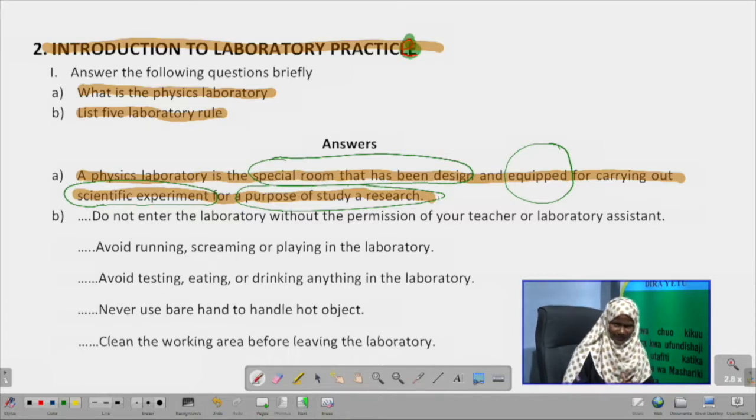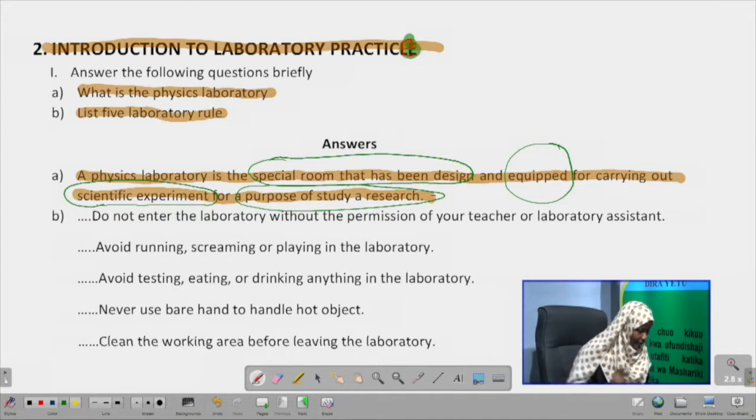So we can see here that in a physics laboratory, we do these experiments so as to study certain phenomena or research. We have to research about something, so we go to the physics laboratory and perform a certain experiment that we want to research on. So simply we can define a physics laboratory as a special room that has been designed and equipped for carrying out scientific experiments for a purpose of study or research.